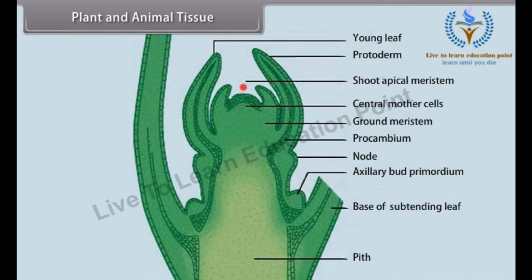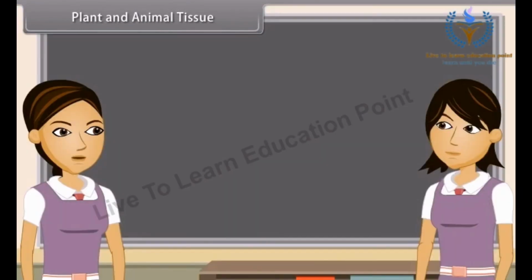The growth in plants is limited to some regions. There are some tissues in plants that divide. Yes, Madhuri. But in animals, the growth is not restricted to some places. It is uniform growth. In animals, structural organization of organ systems is more specified and localized.